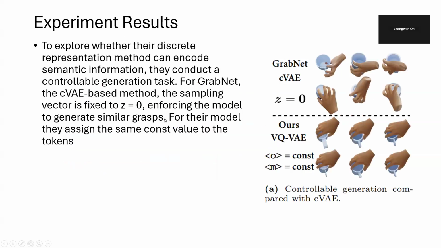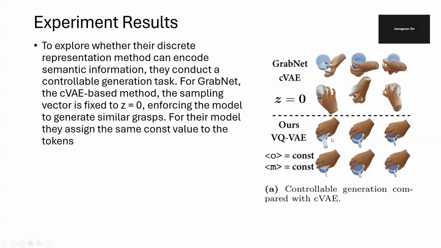To explore whether their discrete representation method can encode semantic information, they conduct a control-level generation task. For GrabNet, the conditional VAE-based method, the sampling vector is fixed to z equals 0, enforcing the model to generate similar grasps. For their model, they set the OM token to a constant. For objects, they use mugs of different types.